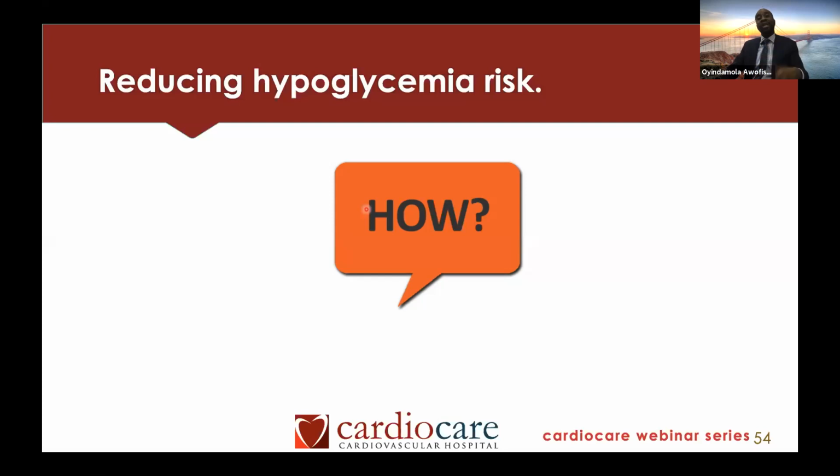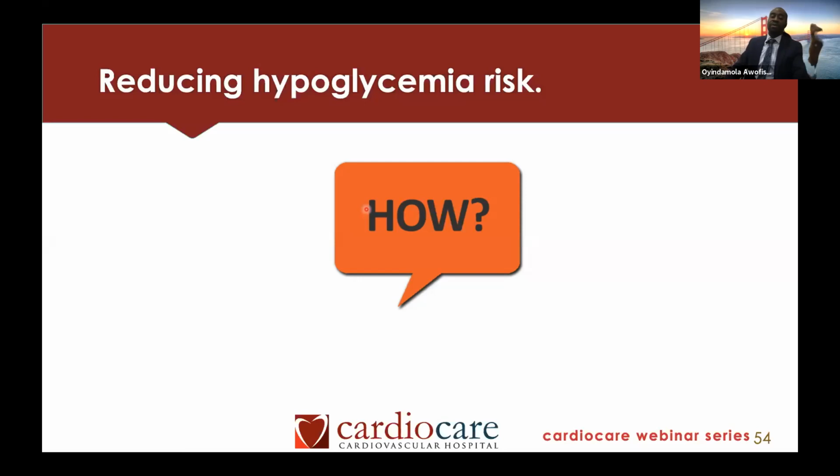Okay, so someone that needs just a basal insulin, I won't go ahead and prescribe a basal bolus insulin regimen for the person. Someone that needs a twice daily insulin, I won't just put the person on just a basal insulin and just be adjusting the dose upwards, whereas I should have shifted to a twice daily biphasic insulin. So make sure that you are choosing the best regimen and choose the safer insulin for the patient.